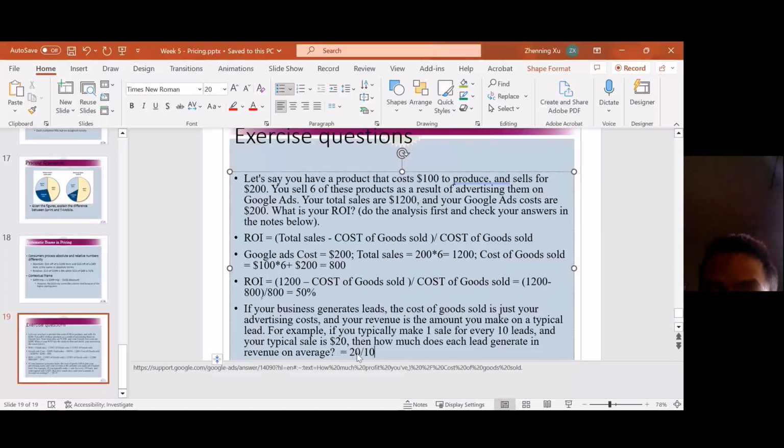So you get $20 for each 10 leads. And then you understand how much revenue each lead generates on average. So it's 2, okay? So the value of each lead is $2.